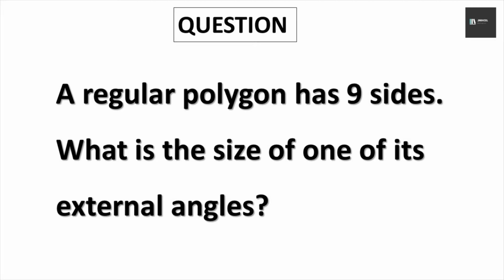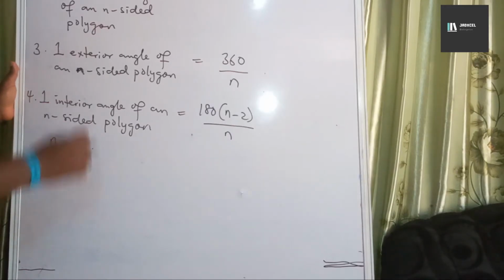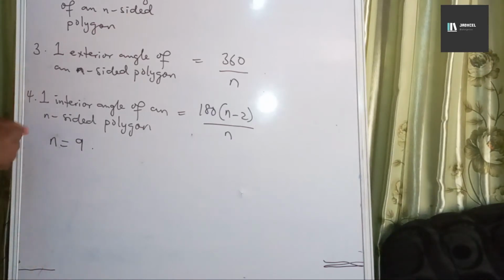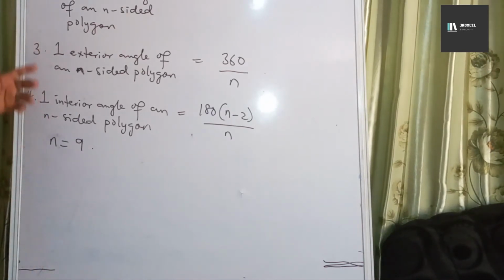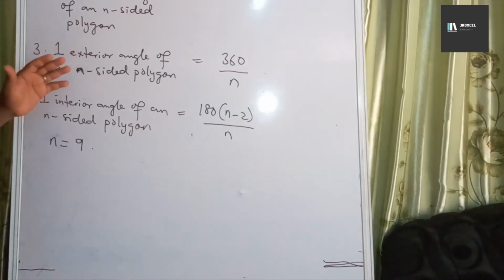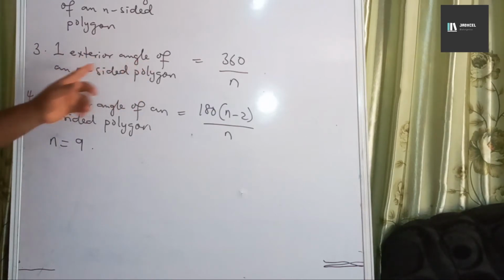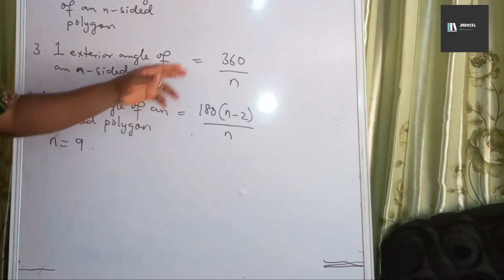So the first thing we need to note there is that the number of sides of that polygon is 9. And then if you check one of the 4 equations that we have listed here, equation 3 is the best to tackle this problem. That one says one exterior angle of an n-sided polygon is 360 over n.